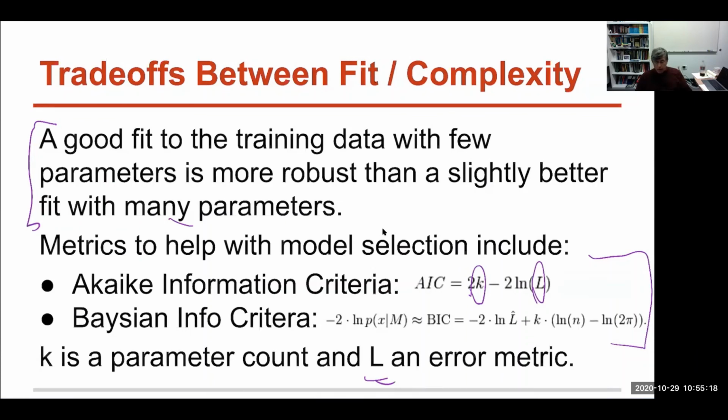So one idea is to use one of these criteria, try different models, and select the one that has the best value. The other approach, which I like better, is to look at the test error and see where it is minimized. Any questions?